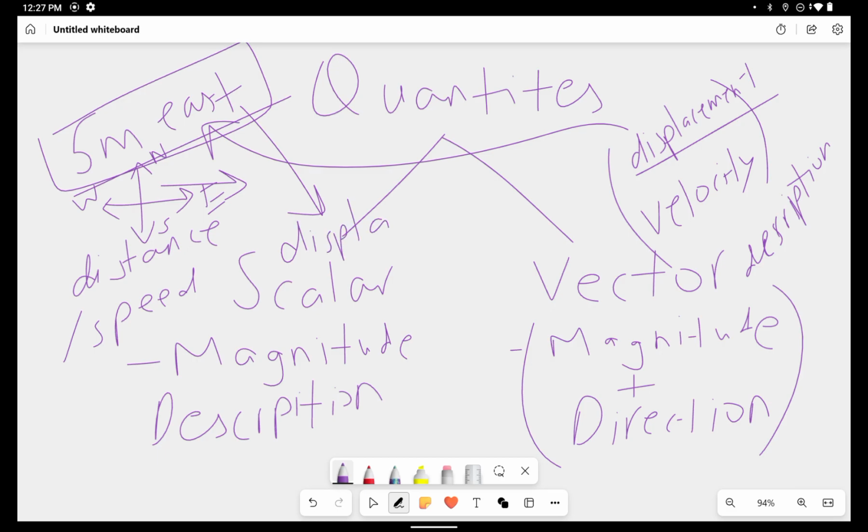Both the magnitude and the direction are needed for the quantity's description, to describe any quantity completely. So there's a general distinction between scalar and vector quantities. That's very important.